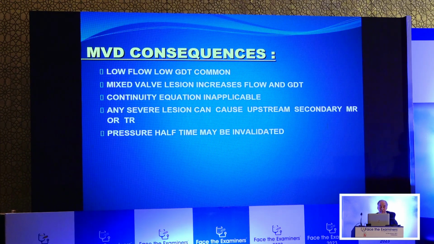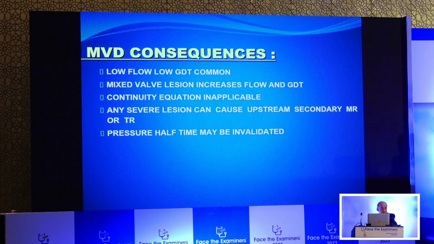And in the hemodynamics of these patients, the application of the continuity equation may become difficult, and pressure half time may become invalidated. So there are multiple things which occur in multivalve disease. I am sure in the echo talk you will be getting more light on this.